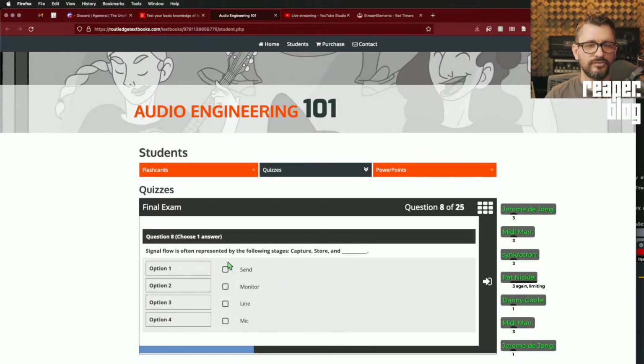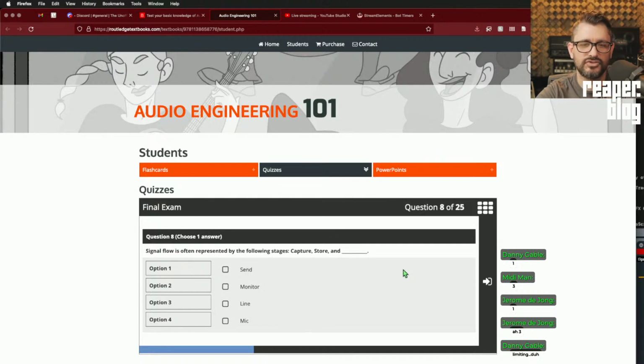Signal flow is often represented by the following stages: capture, store, and send, monitor, line, and mic. Capture, store. I've never heard these terms or question in this way. It's got to be option 2, right?